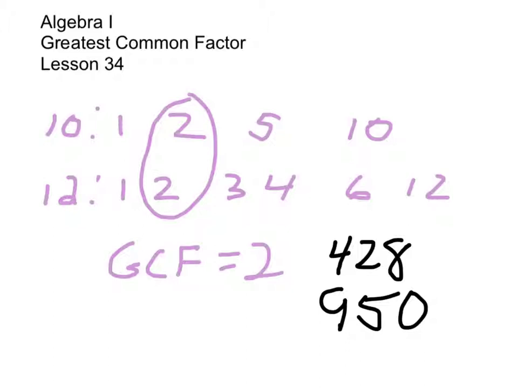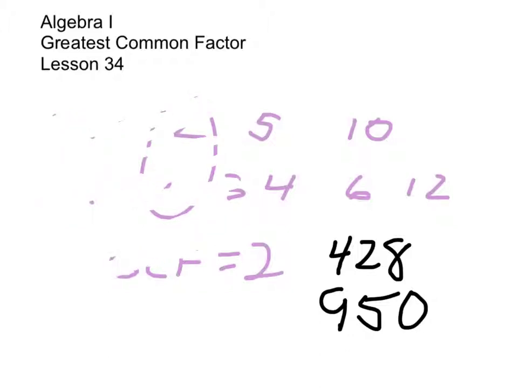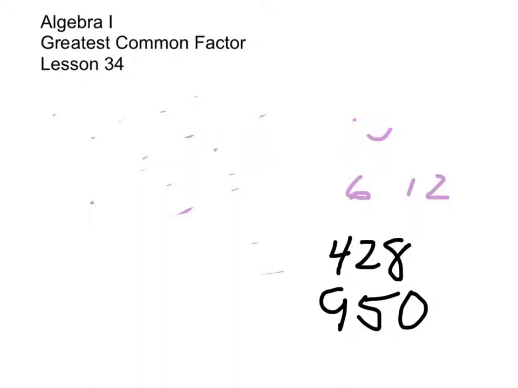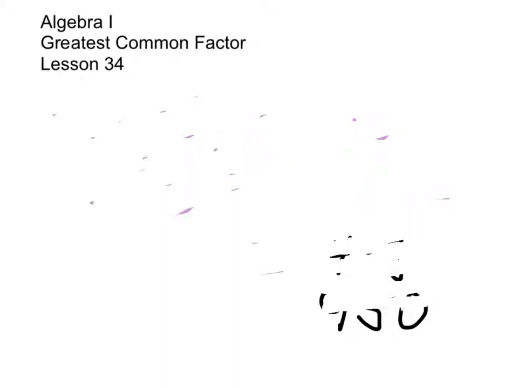So that's where finding the product of primes is useful. What I want to do here is just review prime factorization, or in other words, product of primes. So I'm going to write down two numbers, and I'm going to try to erase this as quickly as I can. Might not get it all, but that's okay.